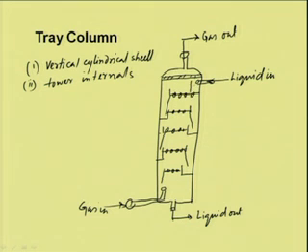So, this is the liquid in and this is the weir. This is the sieve tray, perforated holes, and there is a pool of liquid.